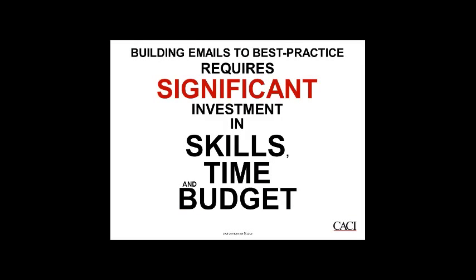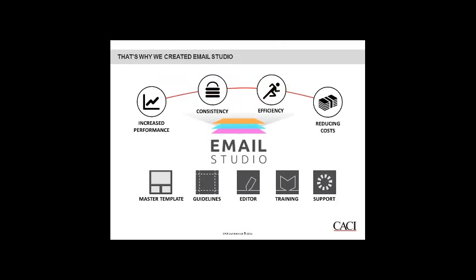But building emails to these best practice standards does require quite a significant investment in skills within your teams, time to produce emails. It takes longer to produce a good practice email than it does to throw a simple one out the door. And budget, so it costs more money, particularly if you're working with a third party to produce emails for you.